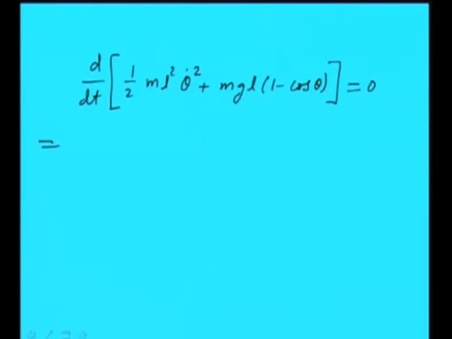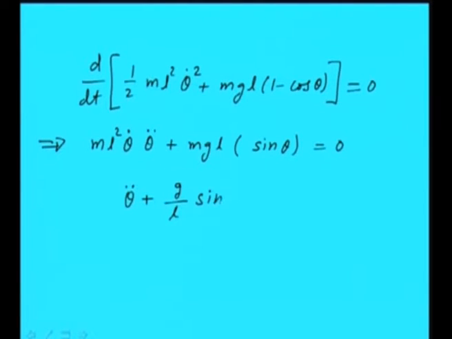So if you differentiate, we will get ml square theta dot theta double dot plus mgL sin theta theta dot, because minus will get cancelled, is equal to 0. If we take out the common term, we can write this as theta double dot plus g by L sin theta is equal to 0, because the mass term will cancel, and the theta dot and length will go.